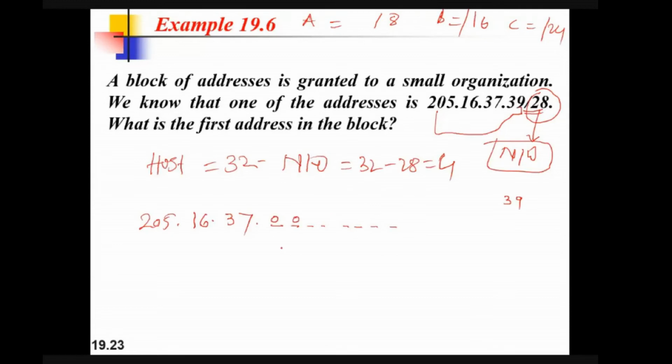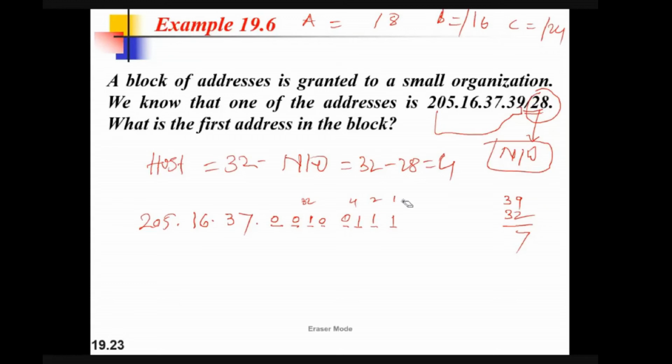Lesser than 64, this will be 0. Then greater than 32, so this will be 1. We have represented 32 out of 39, remaining is 7. So 16 will be 0, 8 will be 0, 4 will be 1, 2 will be 1, 1 will be 1. So this is number 39. If you count 1, 2, 4, 32, it is 39.